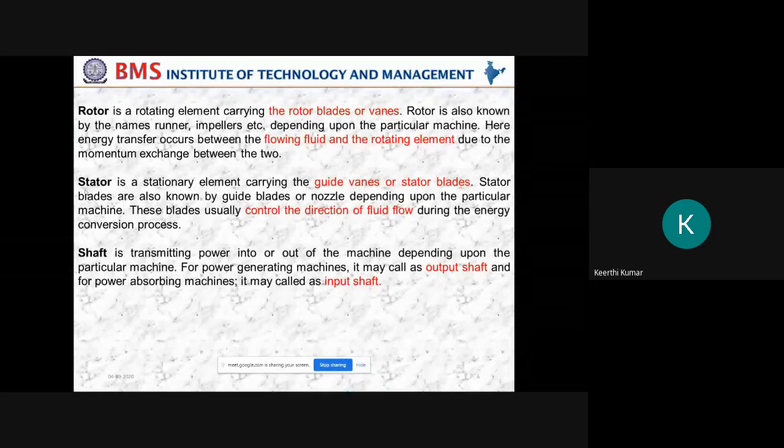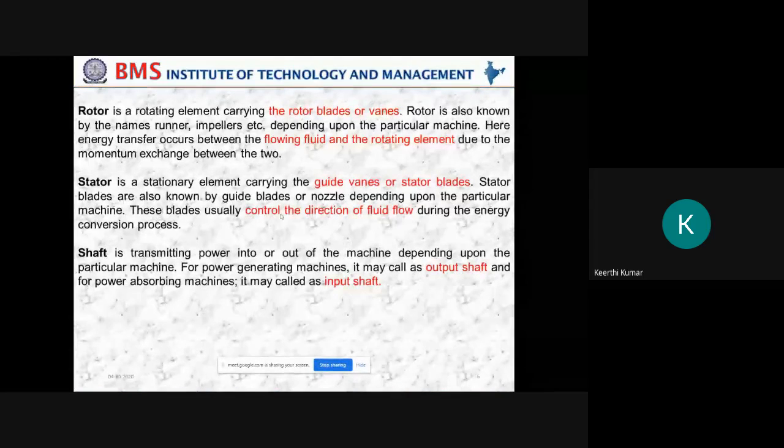Then coming to the stator. The other name for stator is the casing. It is a stationary element carrying the guide vanes or stator blades. So this casing carries the guide blades or stator blades. The stator blades are also known as guide blades, nozzle, depending upon the particular machine or a particular application.